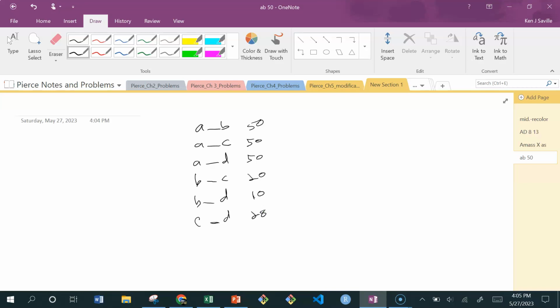What this is showing is that somebody did a test cross between A and B, A and C, A and D, and calculated the recombination frequency in each case. So this is the recombination frequency, or percent.